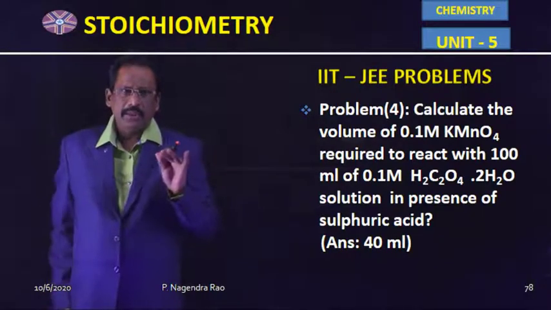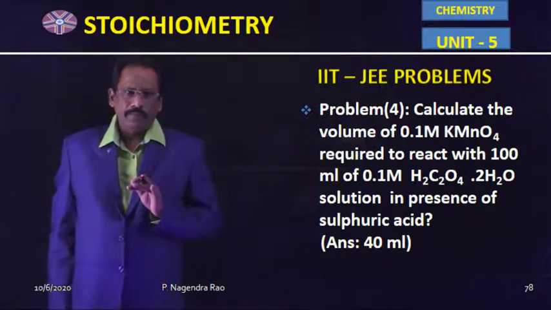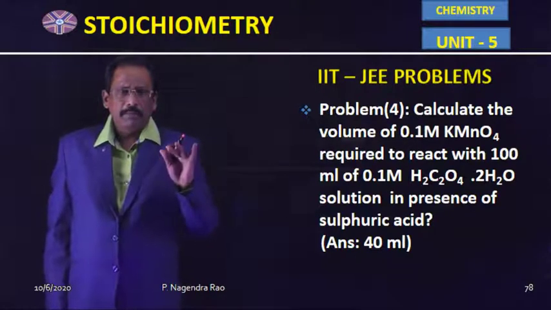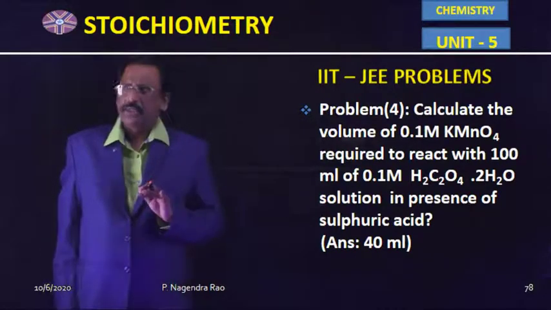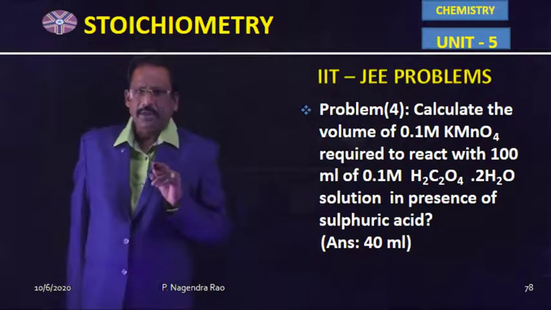Now first write the chemical reaction between these two. This is one example of permanganometry titration, like an acid-base neutralization reaction.